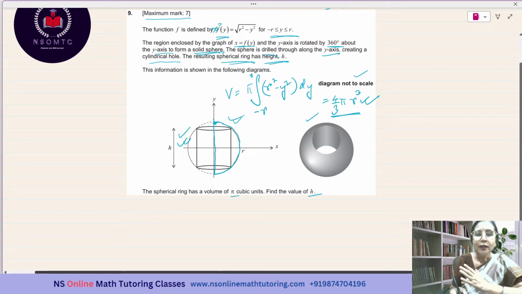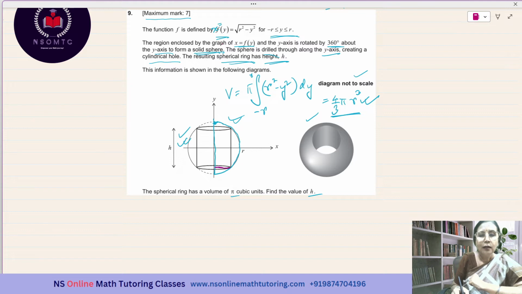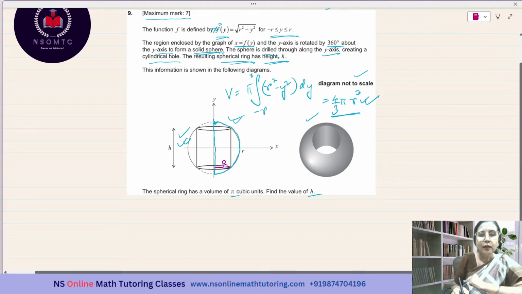And what is the radius of the cylinder? Let the radius of the cylinder be capital R. This is equivalent to this. So what will be the volume of the cylinder? Of course, it will be pi R squared h.